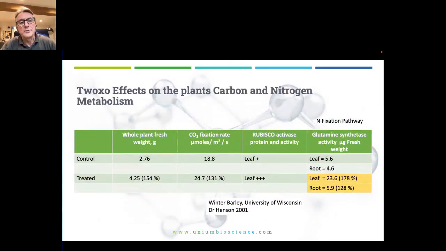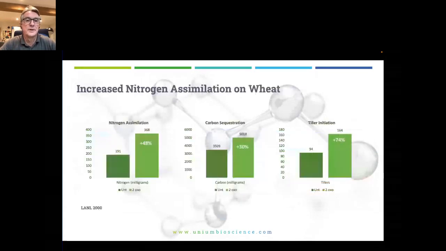And some of her basic research shows here, looking at the nitrogen fixation pathways we spoke about, she'll upregulate glutamine synthetase, that assimilation of nitrogen, by anywhere 128% in the roots and 178% in the leaf. So we can improve that assimilation of the fertilizer that we've got into the plant.